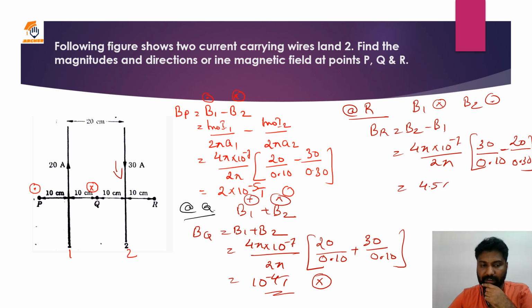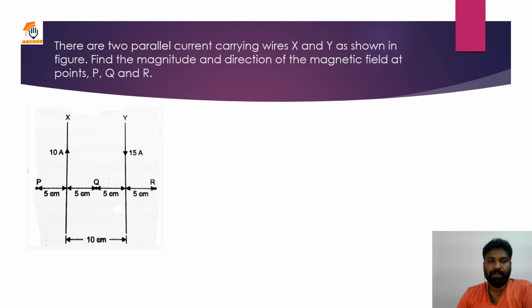So this will give 4.5 into 10 to minus 5 Tesla and pointing normally outward. At R, it will be pointing normally outward. Okay, so this is the problem. This you can do as homework, the same method you can do here.